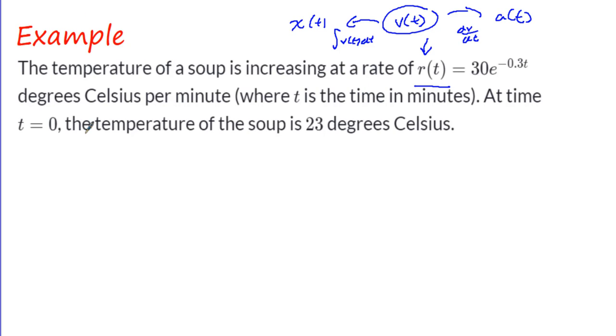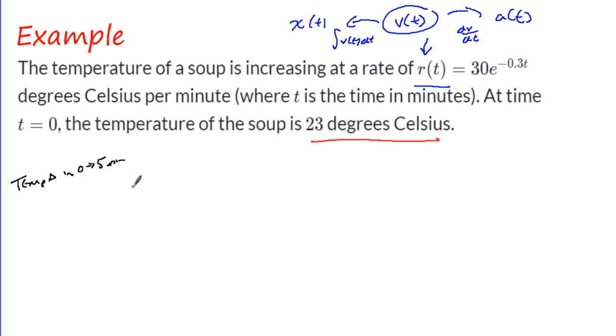And it says at time t = 0, the temperature of the soup is 23 degrees Celsius. So that is my initial temperature. Let's say I want to find the temperature change from 0 to 5 minutes.